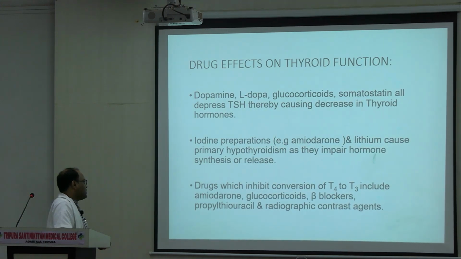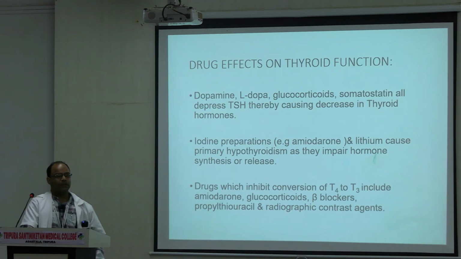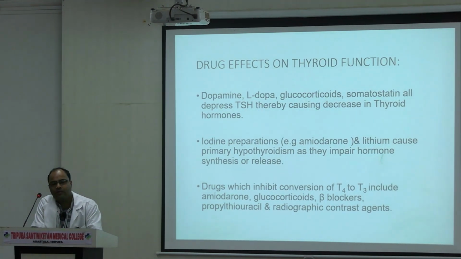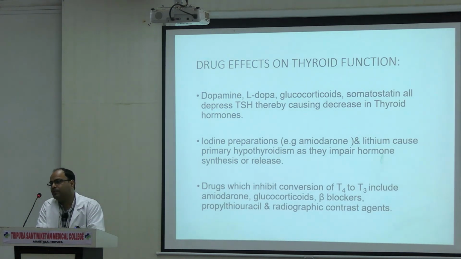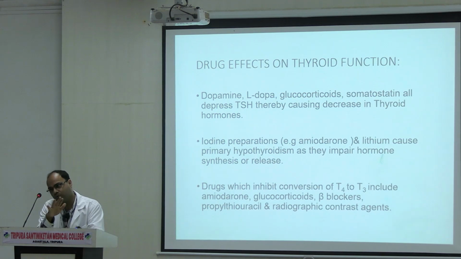Drugs which inhibit conversion of T4 to T3 include amiodarone, glucocorticoids, beta blockers, propylthiouracil, and radiographic contrast agents. So this is the reason we sometimes give a beta blocker like propranolol to patients suffering from hyperthyroidism, to inhibit peripheral conversion of T4 to T3.